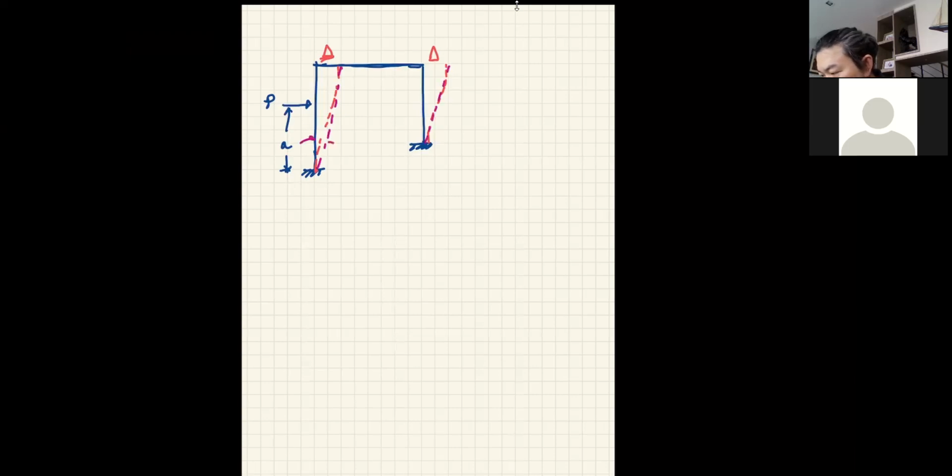This psi will not be equal to that psi because these two legs travel with the same distance delta. So with the legs not equal but traveling with the same delta, in the end that would mean your psi will be different.